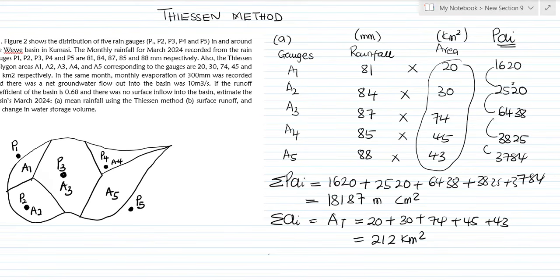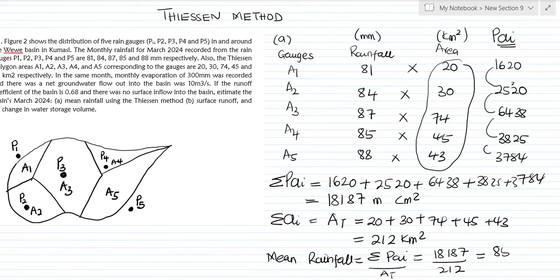So my mean rainfall, by the Thiessen method, is going to be 18187 over 212, and that will give us 85.78 millimeters.